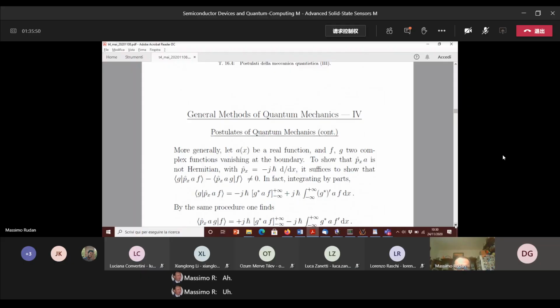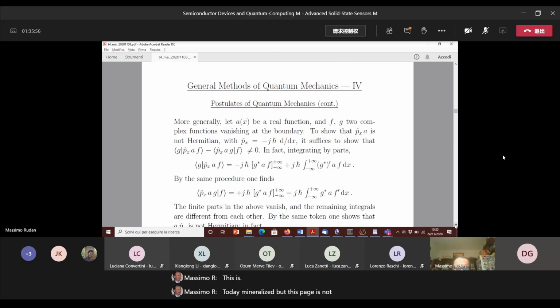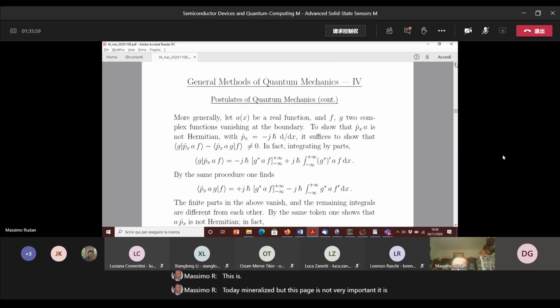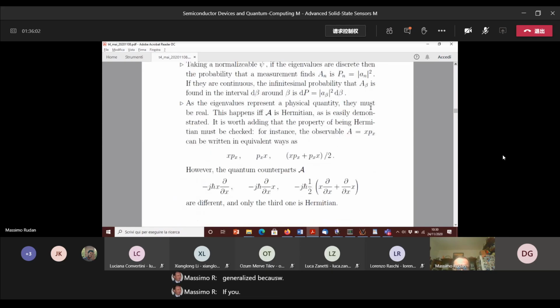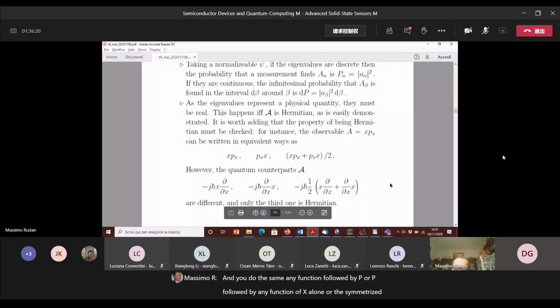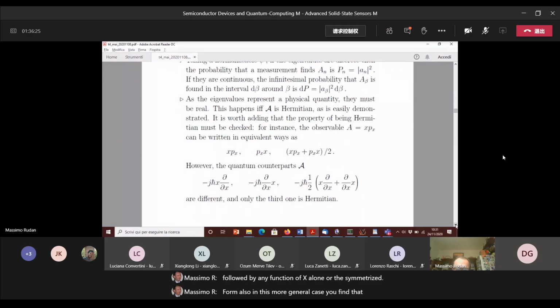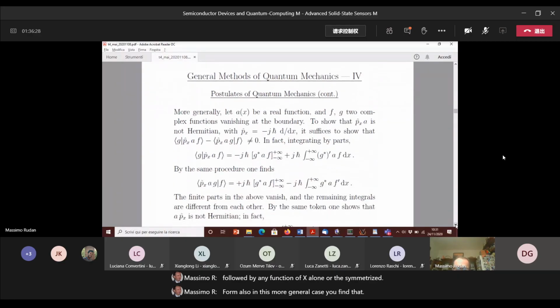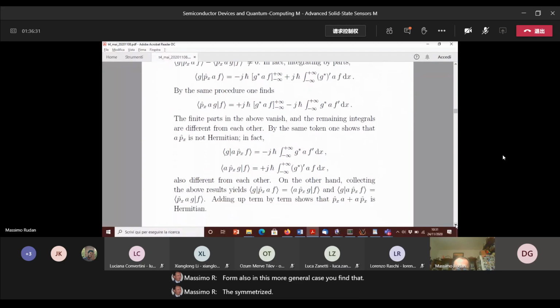This is generalized, but this page is not very important. It is generalized because if instead of taking x, you take any function of x, and you do the same, any function followed by p, or p followed by any function of x alone, or the symmetrized form, also in this more general case, you find that the symmetrized form is the only one that works.